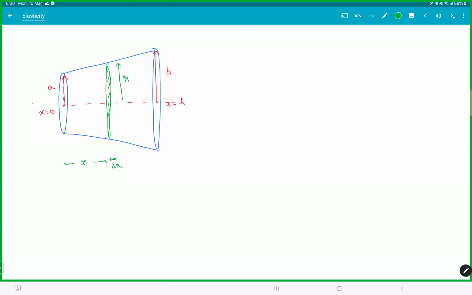That's more of a maths question than physics. If this is radius A and this is radius B, at a distance x from the left-hand side, what is the radius of that green color disk? Try. I'll give you 30-40 seconds for that.